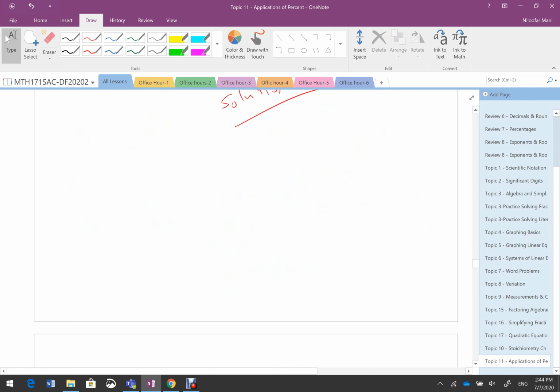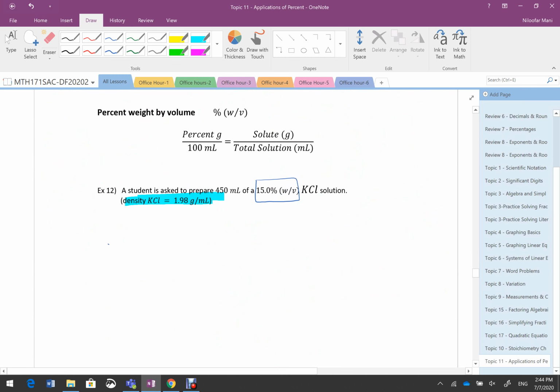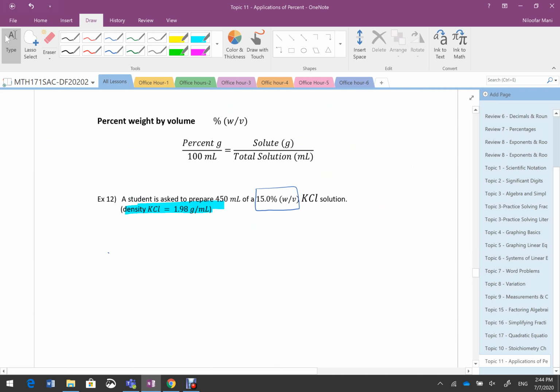Okay, so now W over V, when I have part as gram and I have total as milliliter, liter, so just volume. Okay, so how do we do this one? This is a little bit tricky. Okay, so let's do it.